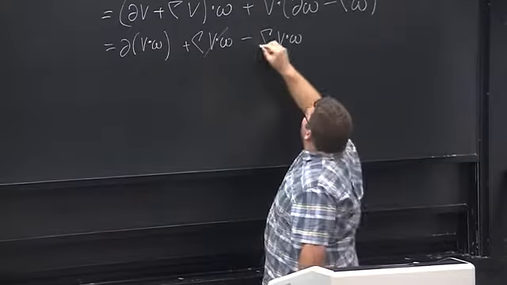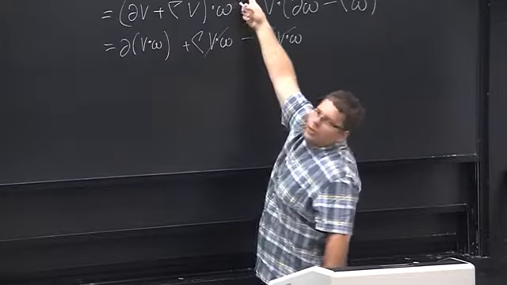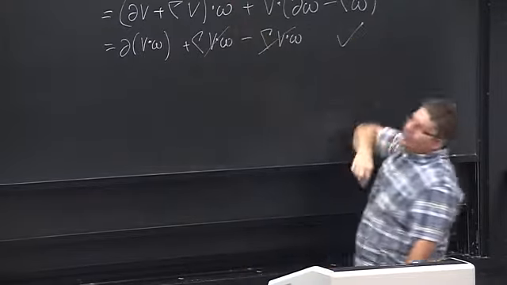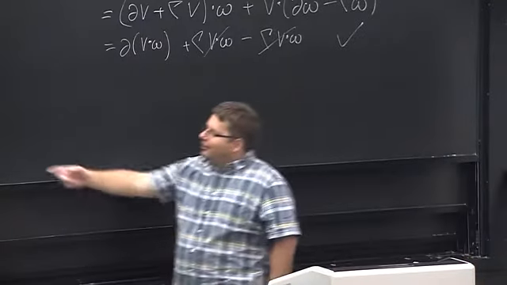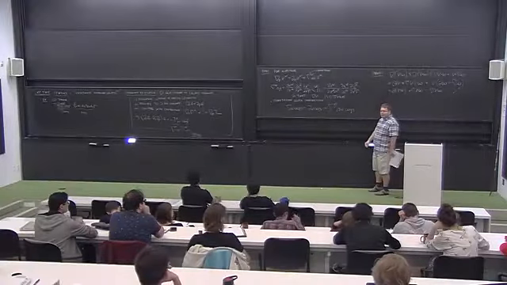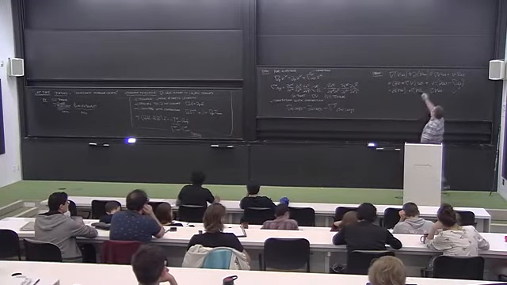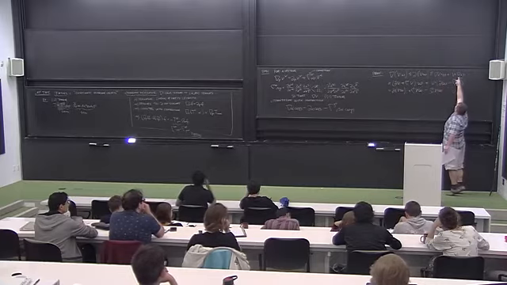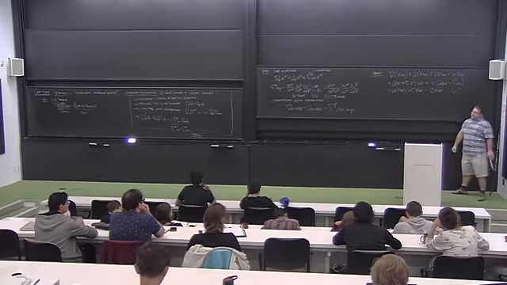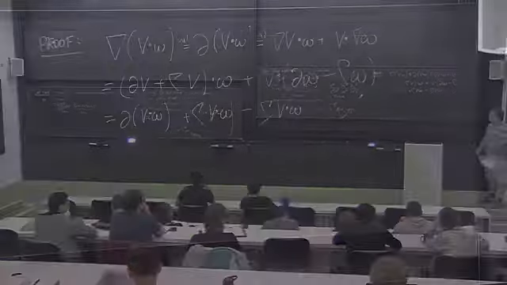So this cancels that, and this is what I need to have. So this works. Okay, so this is how you would derive that this thing is the transformation property. Of course, if I don't know this, I can calculate it directly from here. I know this guy, and then I just read off what that guy is from that equality.